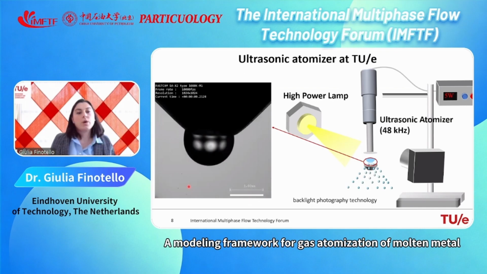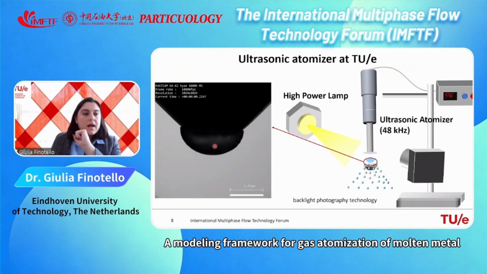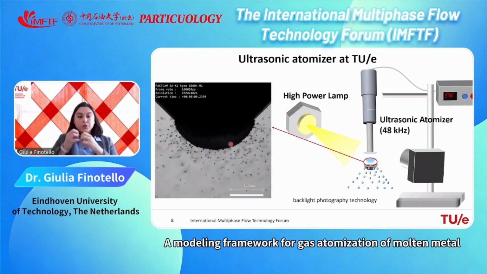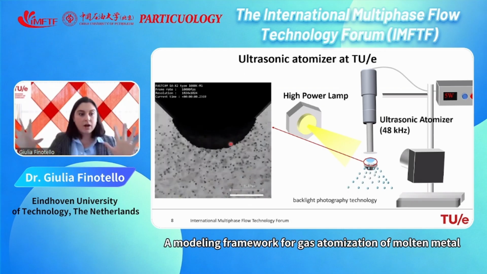So now what we did is turning on our ultrasonic atomizer. You see vibration is propagating also in the droplet that is staying attached to the tip of the nozzle. And then soon you see capillary waves are formed, and droplets are detaching, and they are generated.